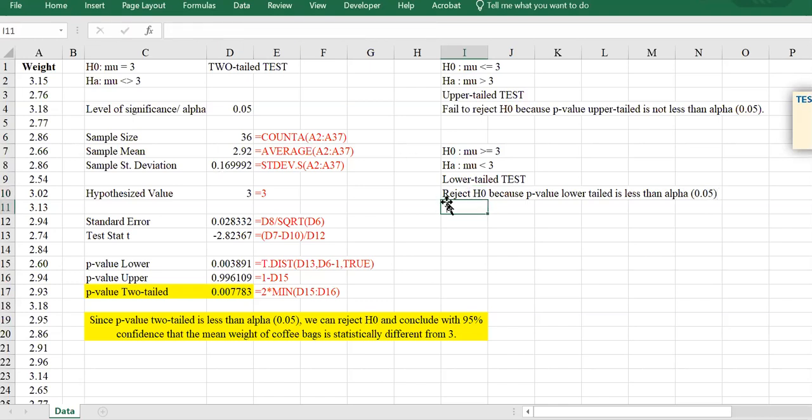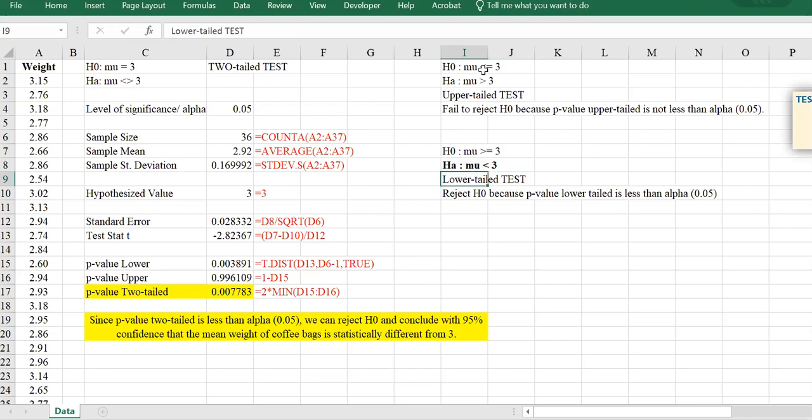So we take the p-value lower tail and compare it to alpha. If it's less than alpha, we reject the null hypothesis. Our conclusion with 95% confidence would be that the average weight is less than 3.